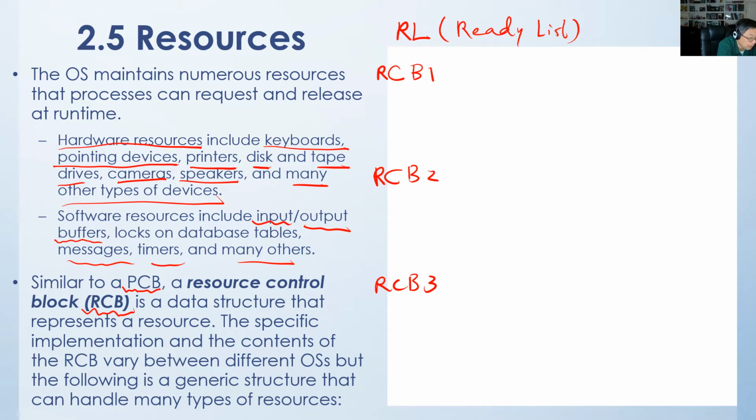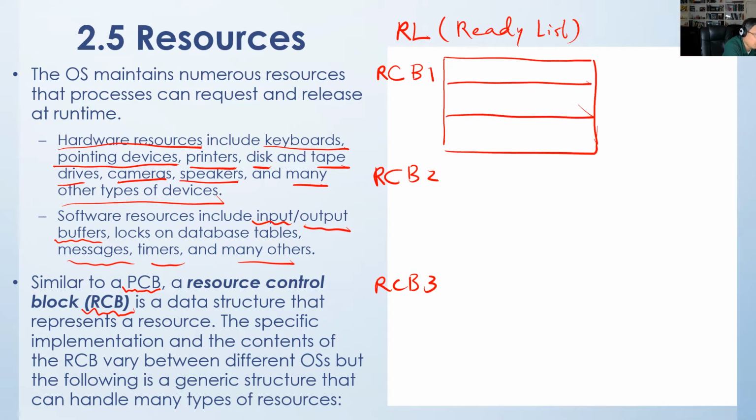The structure of the RCB is much simpler than the PCB. Remember, the PCB has many different fields, but a resource is dedicated to a specific task, so its structure is much simpler. A generic resource may require three fields, though that depends on the operating system. It may contain more fields.